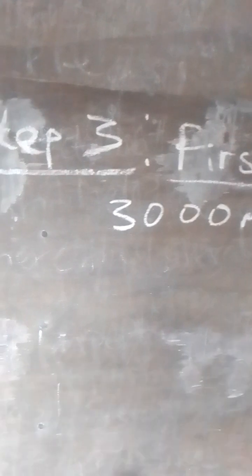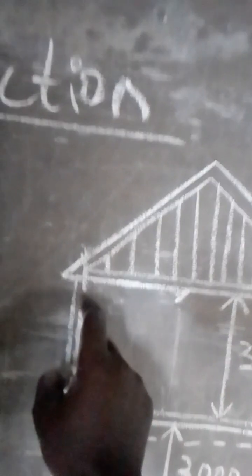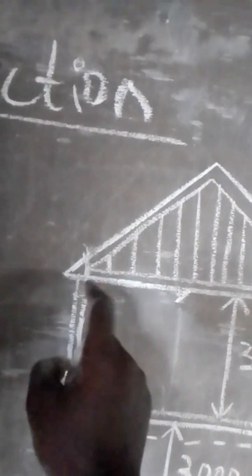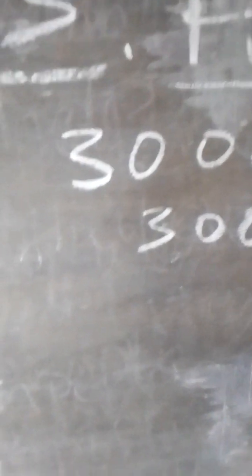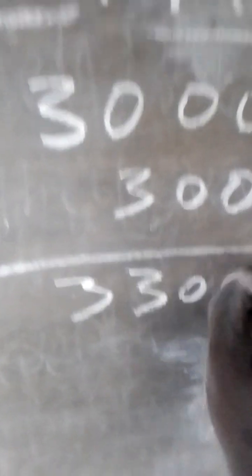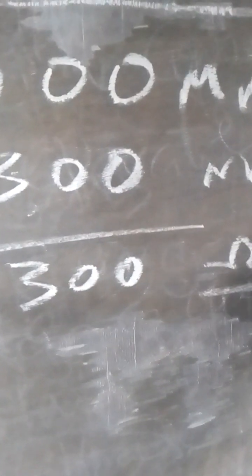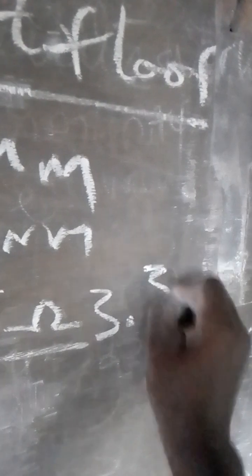Now, the second length of travel of our external pillar is the roof beam, which you can call 300 millimeter, or say it's 225. You can call it 300 millimeter. Now it's 3,300 millimeter. Approximately, you can call it 3.3 meter.